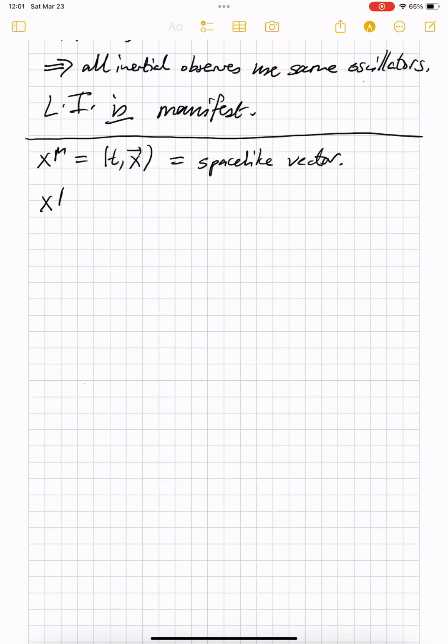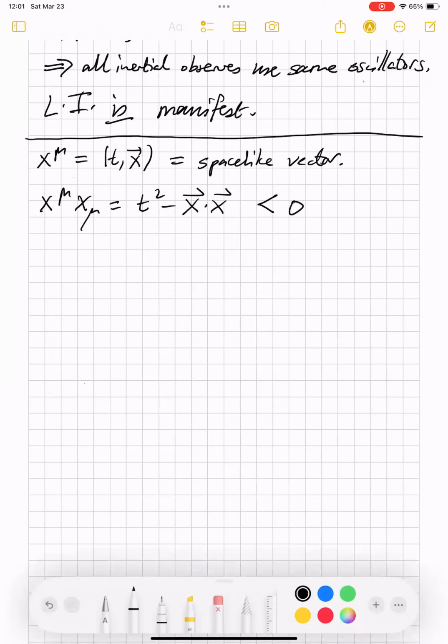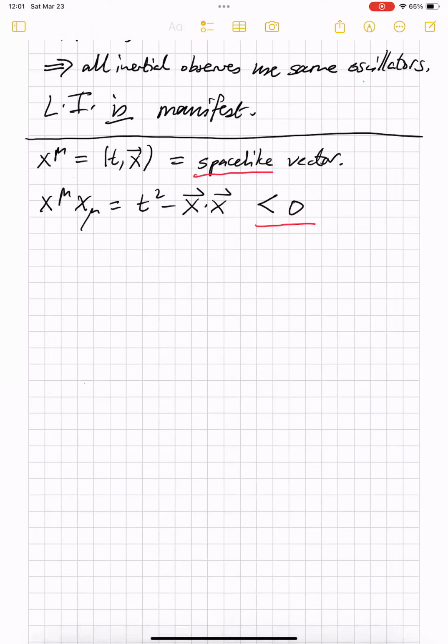Well, if you calculate x mu squared, and remember what this is, it's t squared minus x dot x, then this is less than 0. That's what it means to be space-like. So when we say space-like, we mean less than 0. Good. Okay, so let's just draw a space-time diagram.